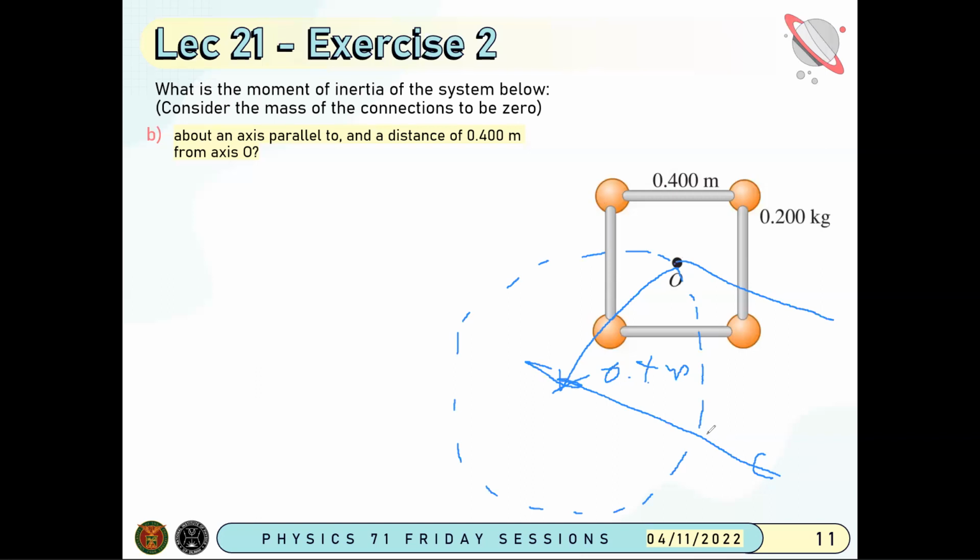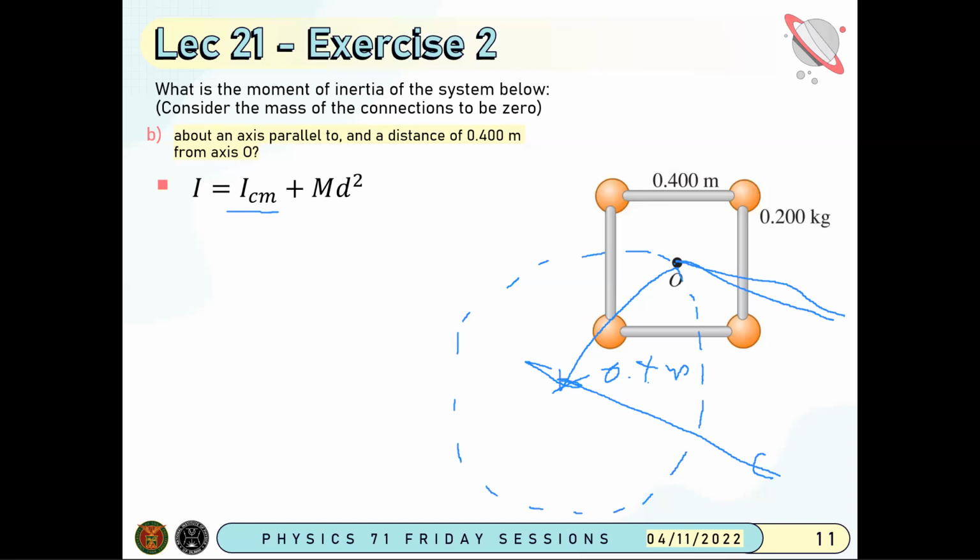So how do we now calculate the moment of inertia? Again, we have two parallel axes. So we can use the parallel axis theorem. Okay. So that will be the moment of inertia about the center of mass, which is at O, plus md squared. But now, we already know the inertia about the center of mass.